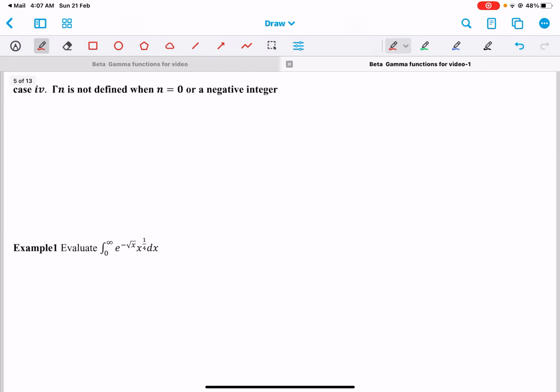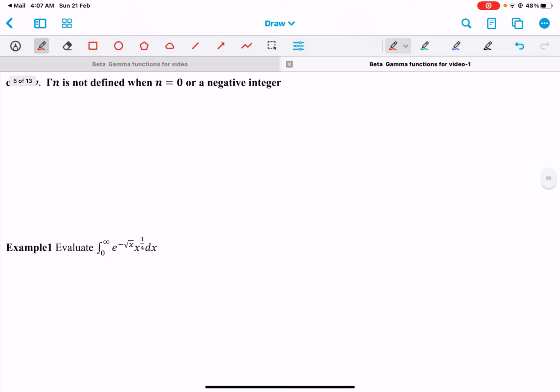Now, what happens if gamma n, here n is 0 or a negative number? This is an interesting case. So gamma n is not defined when n is 0 or a negative integer. Why?